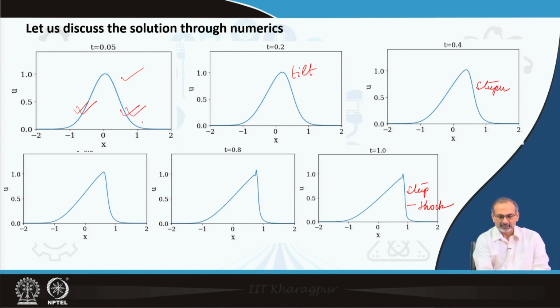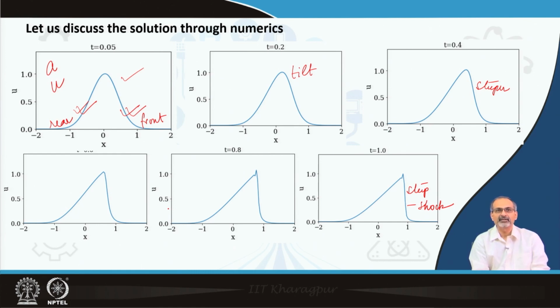So, the front and the rear, if we call it that way, the characteristics which are associated with the front and rear portions of the waves, they are not moving with the same velocity, and that ought to be, because earlier they were moving with the same velocity a when it was the linear advection equation, but now it is going to move with u, and u being a function of x and t changes from time to time.